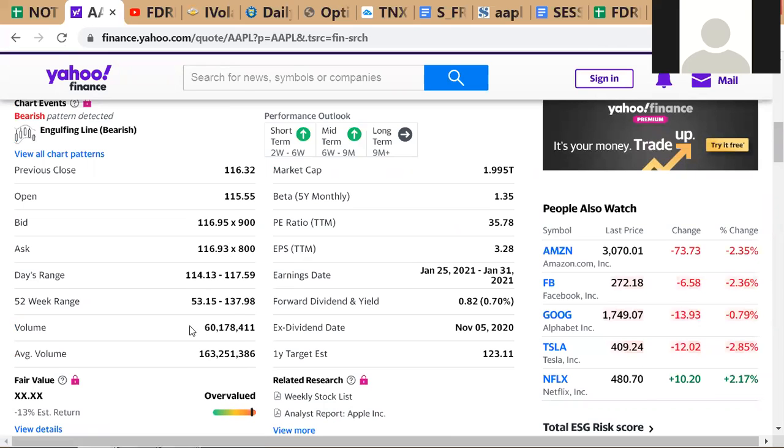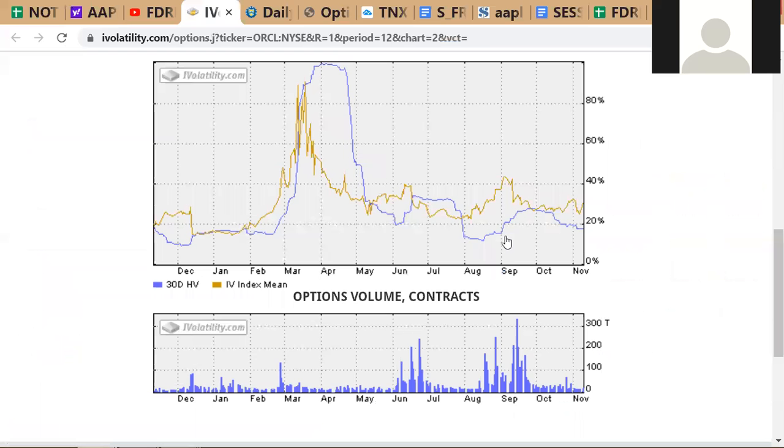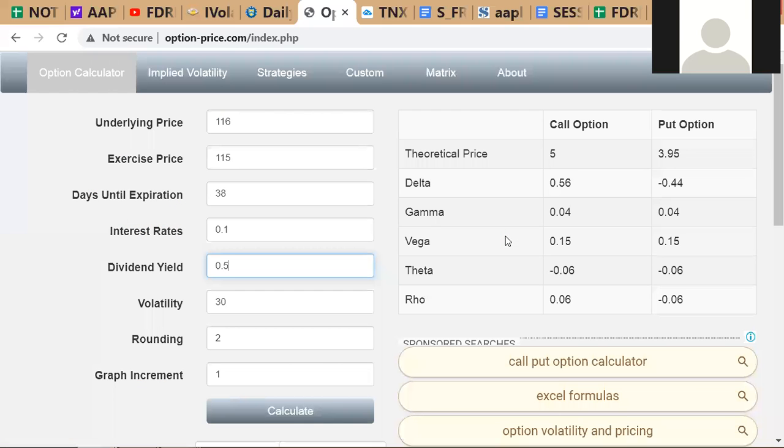You see, forward dividend. So the forward dividend yield, you can use that. So this is where you find this. No, 0.82 is the dividend and this is the yield, 0.7. So dividend yield you will enter 0.7.